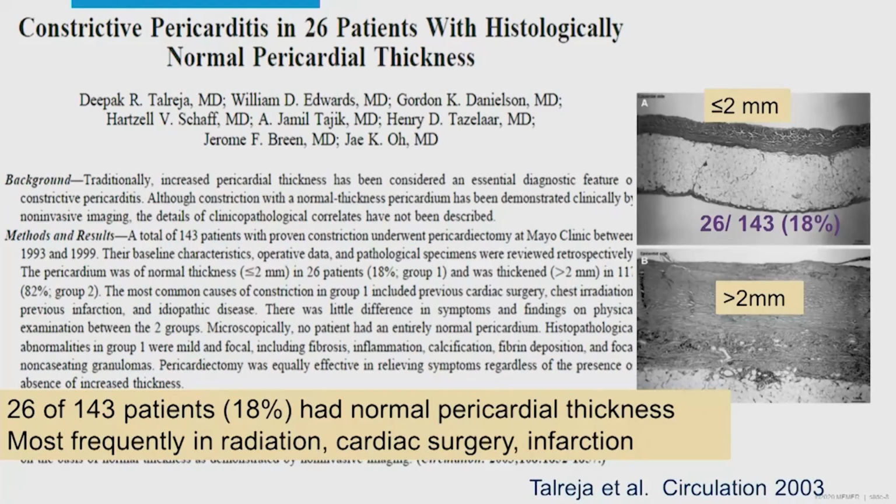So a subset can present with relatively normal pericardial thickness, especially patients with mixed disease, meaning superimposed myocardial disease, such as radiation therapy, previous cardiac surgery, or myocardial infarction; they can present with constriction and relatively normal pericardial thickness.